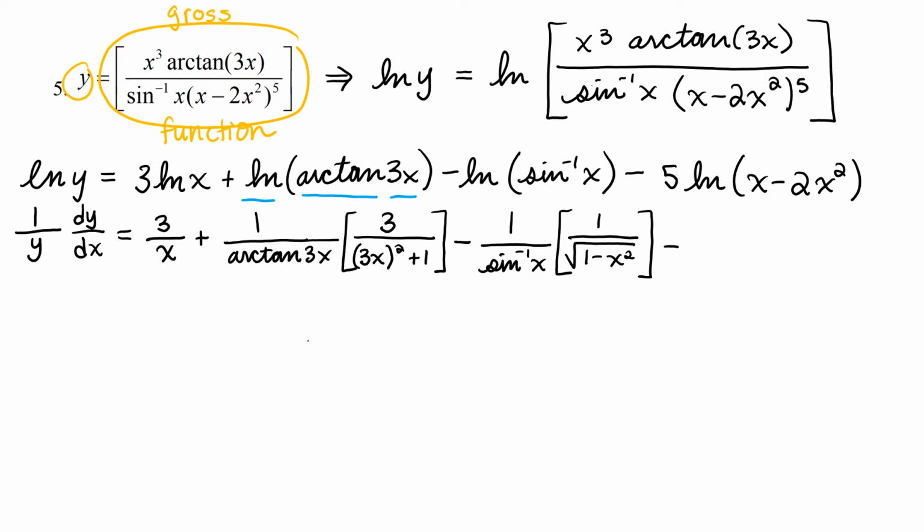Minus 5 times the derivative of natural log of x minus 2x squared will be 1 over that x minus 2x squared times the derivative of x minus 2x squared, which will be 1 minus 4x.